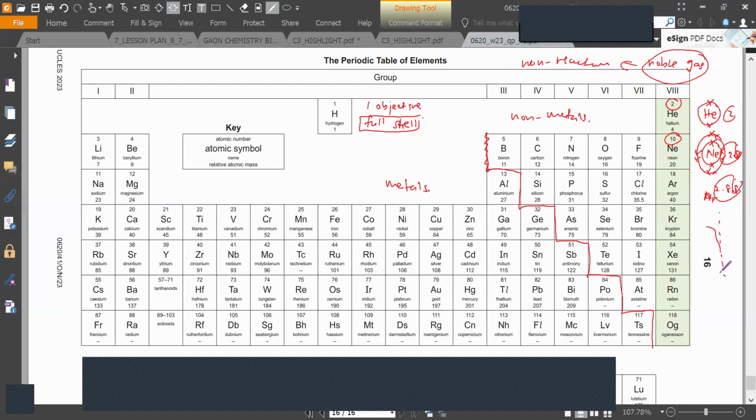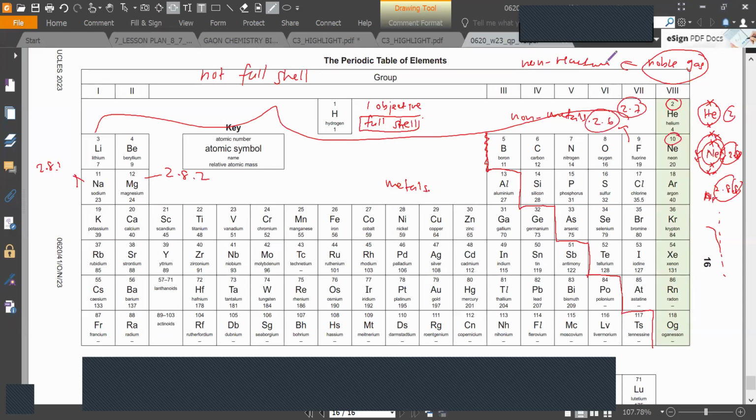But all of these are not full shell. For example, sodium is 2, 8, 1, magnesium is 2, 8, 2, fluorine is 2, 7, and oxygen is 2, 6. They are all not full shell. So they will try to do something to get a full shell.